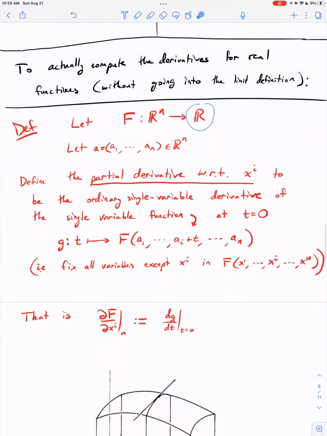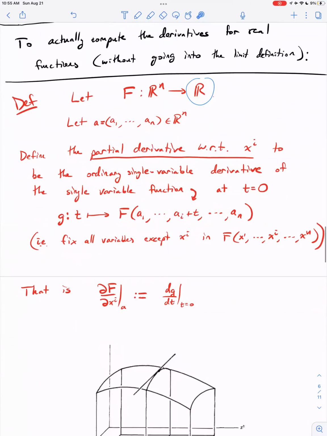The partial derivative of f with respect to xi at the point a is just the ordinary derivative where you fix everything else. This is maybe familiar from how we compute them: when we do partial derivatives, we fix all the other variables and just take the derivative with respect to one variable.